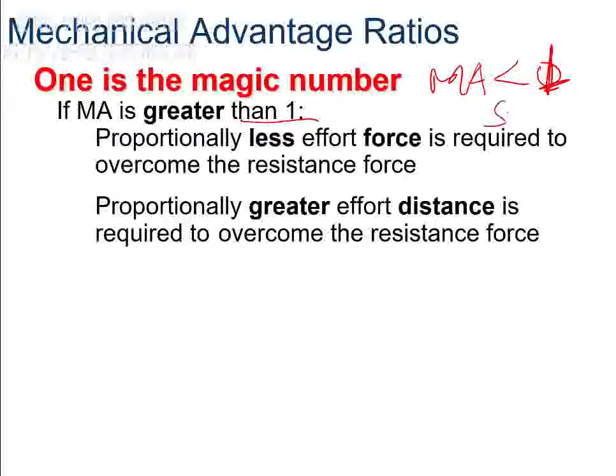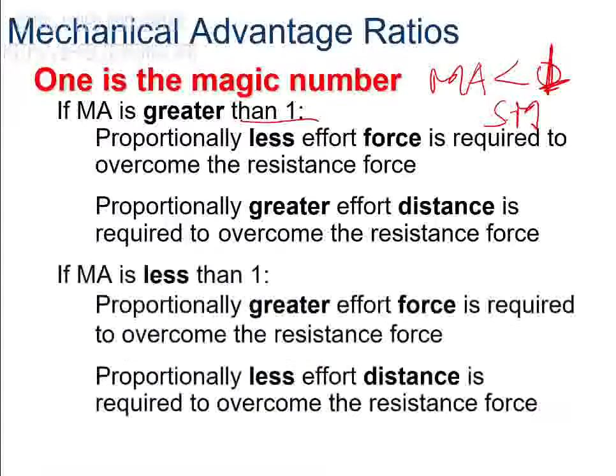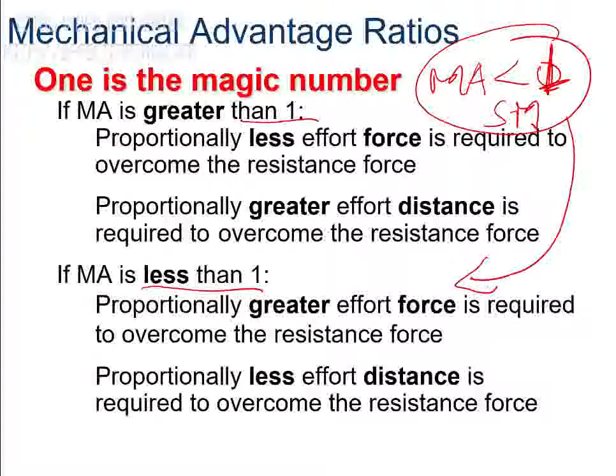A speed multiplier. It can't multiply a force. That means distance moved by the load is greater than distance moved by the effort. And the second one is if the mechanical advantage is less than 1. Therefore, this expression is for less than.